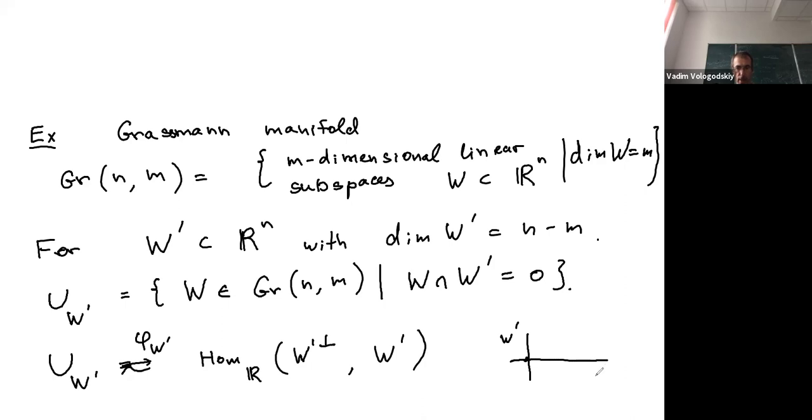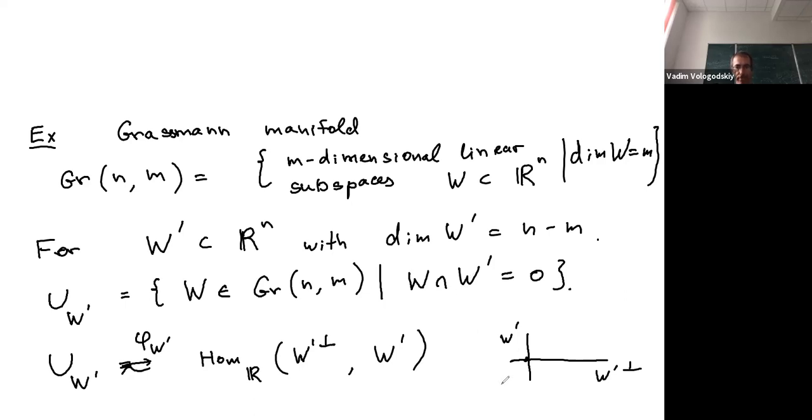The entire space R^n is equal to the sum of W prime and W prime orthogonal. So now let's consider an arbitrary subspace W, a point on the Grassmannian, with this property.